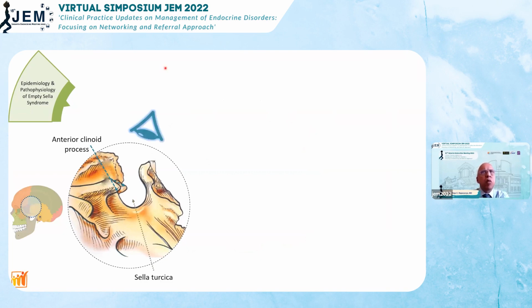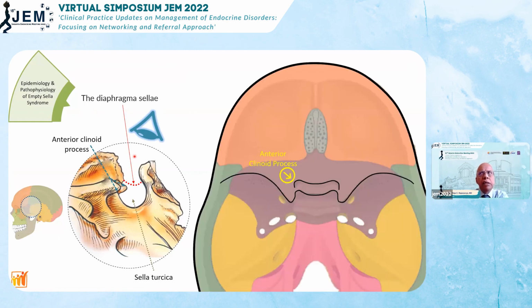And if one were to view the empty sella from the top, that's the diaphragma sellae. And to look at a diagram of the skull, that would be the anterior clinoid process, the posterior clinoid process, the sella turcica, the tuberculum sellae, and the dorsum sellae.